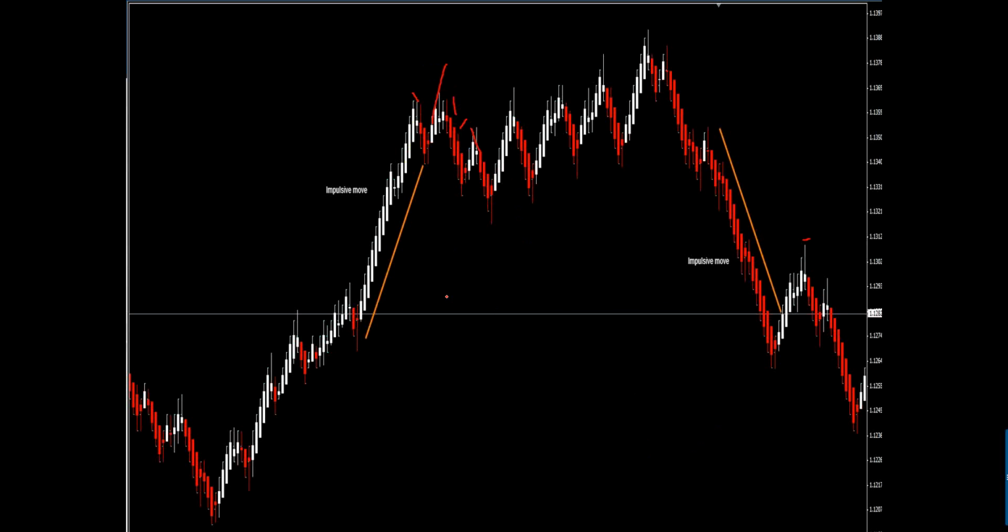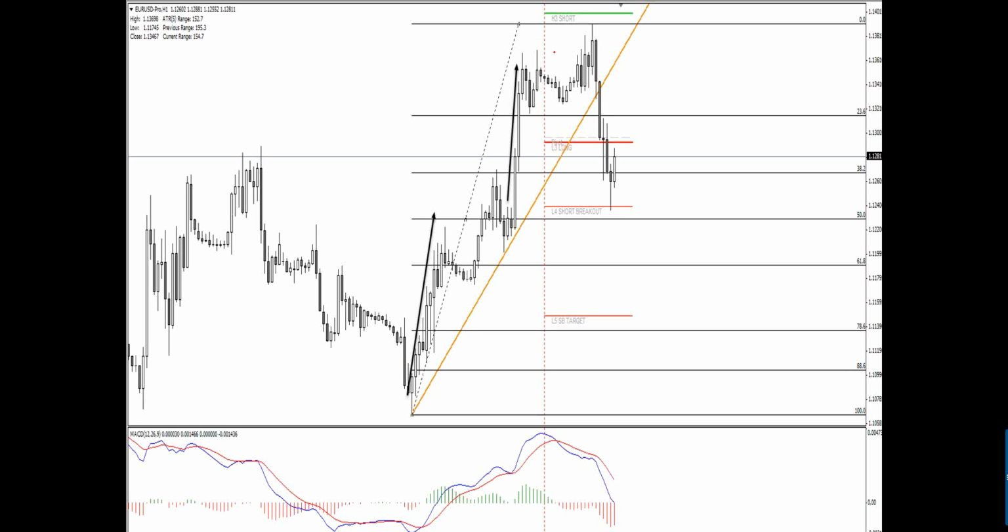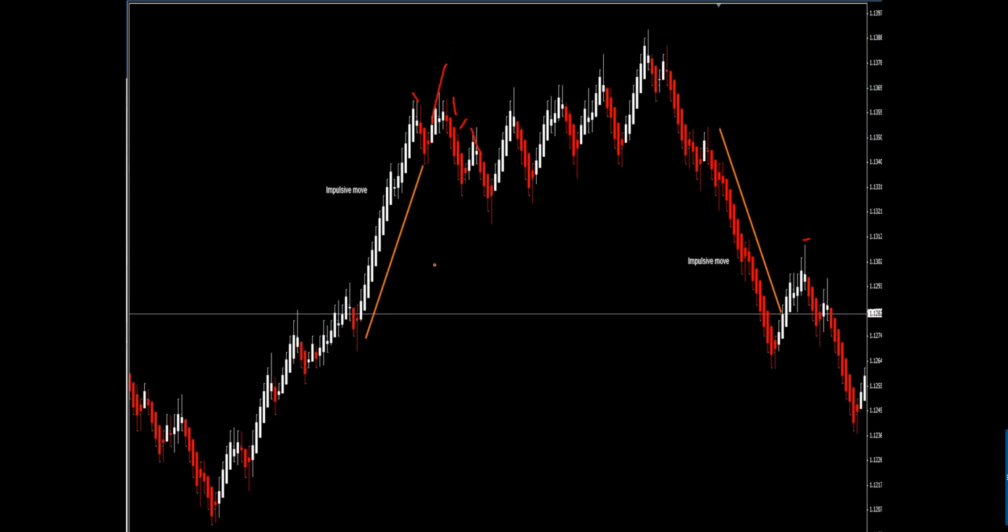So Heiken Ashi candlesticks are pretty useful for that. This is an example of standard Japanese candlesticks, and you can see the difference with Heiken Ashi. It's much easier to define impulsive moves. As we already covered Heiken Ashi in our previous webinars, that is why it's very important for you to attend every single one of our webinars, because we always connect previous knowledge with current knowledge.